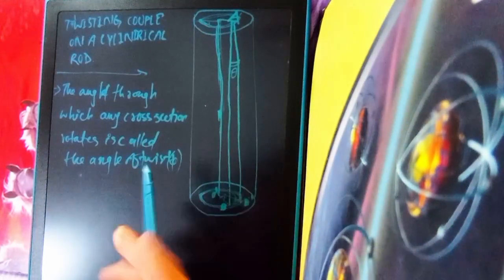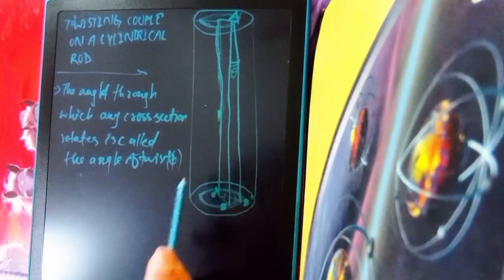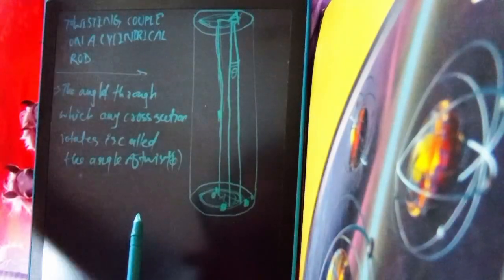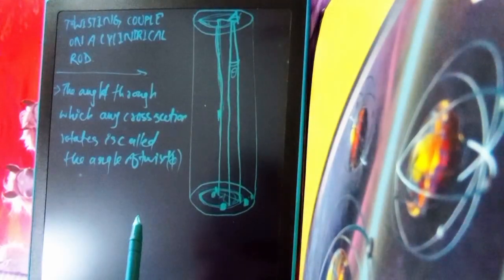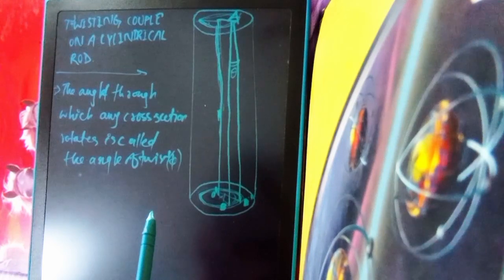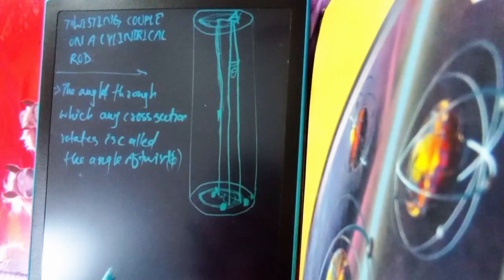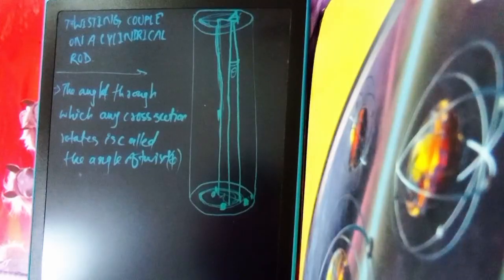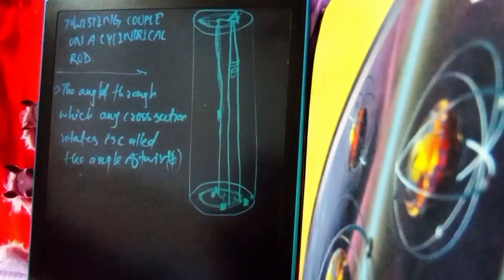Before twisting, the cylinder could be cut along the line AB and flattened out, and it would form a rectangle ABCD. After twisting, if it is cut along AB dash and flattened out, a parallelogram is obtained.